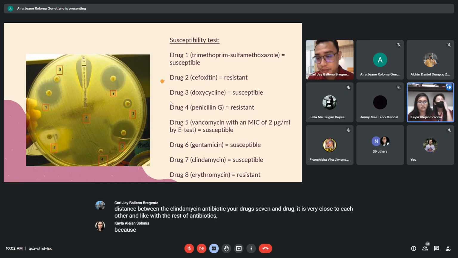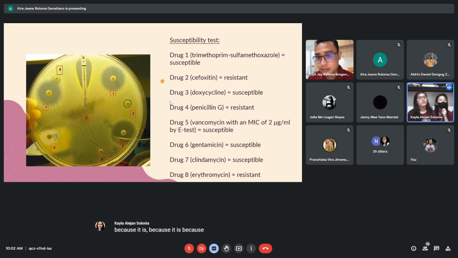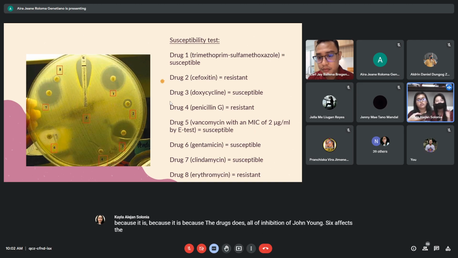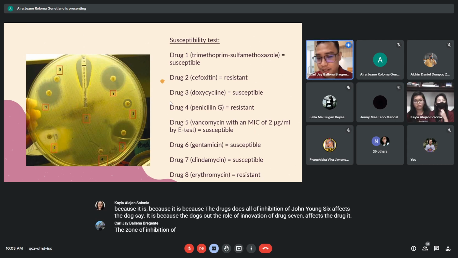It is because the zone of inhibition of drug 7 affects drug 8. What is this test?